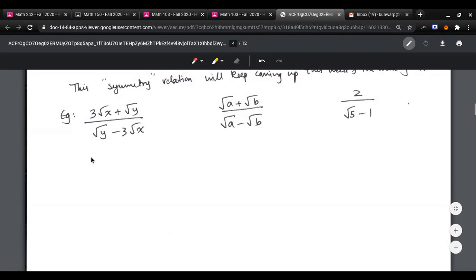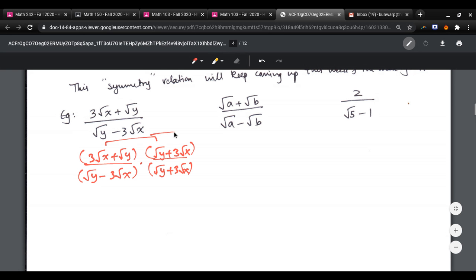Some examples here again for rationalizing. I multiply and divide by the conjugate, which is root y plus 3 root x over root y plus 3 root x. And then I perform the multiplication via distribution.